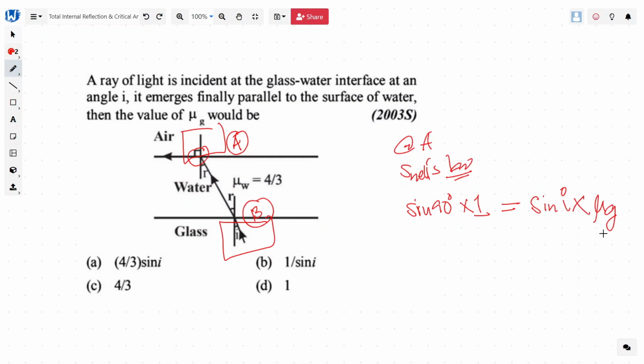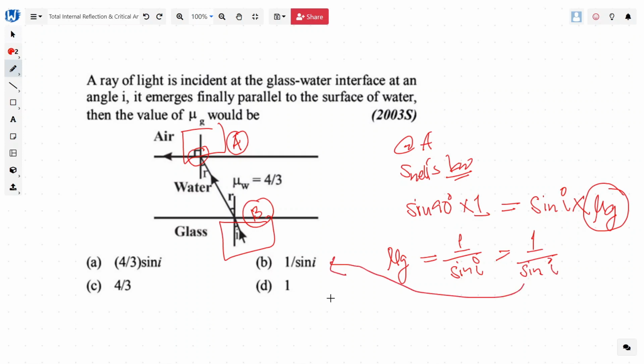Now we have to find the refractive index of glass, so this is unknown, so we will rewrite the equation. It is sine 90 divided by sine I, that is 1 divided by sine I, and we can find it here. So this is our answer.